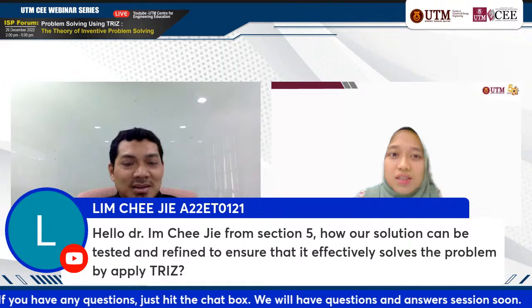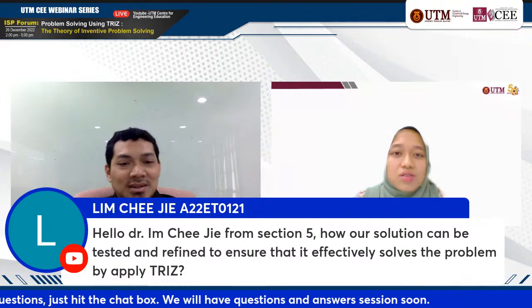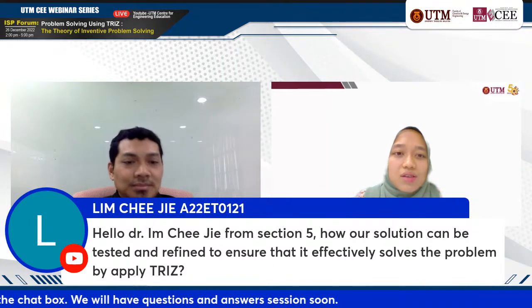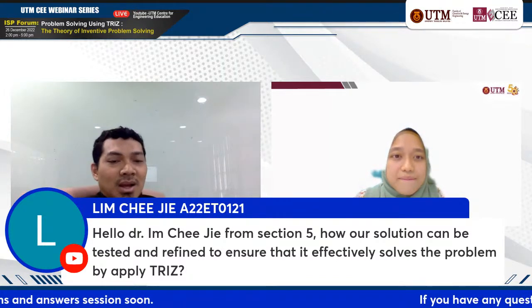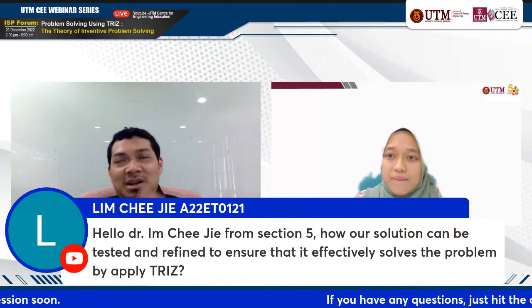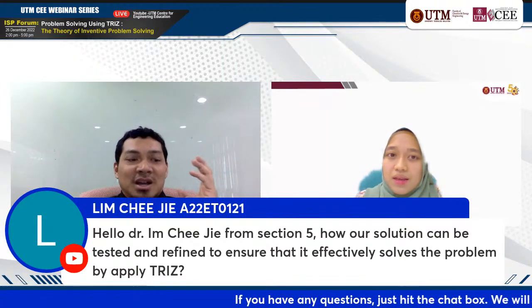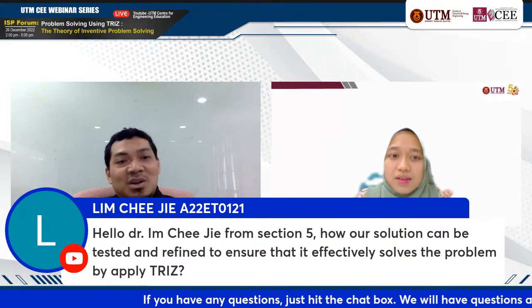How can our solution be tested and refined to ensure that it effectively solves the problem by applying TRIZ theory? Remember the first element of TRIZ: problem and solution are repeated across industry and science.